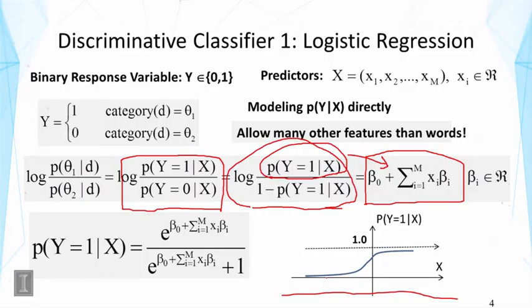And that's precisely what we want, since we have a probability here, and the functional form looks like this. So this is the basic idea of logistic regression, and it's a very useful classifier that can be used to do a lot of classification tasks, including text categorization.